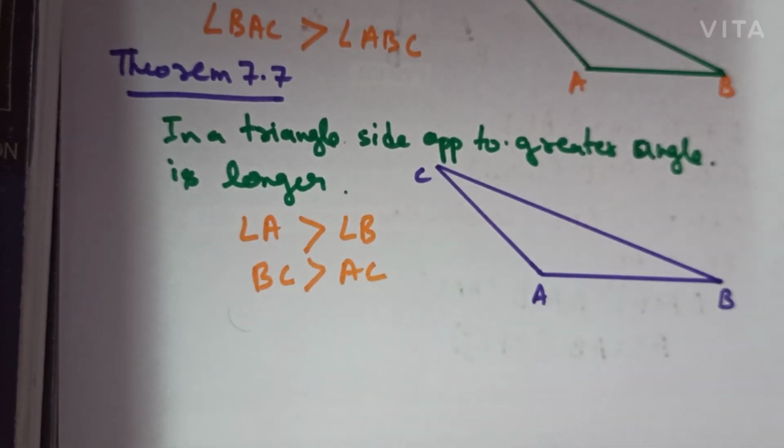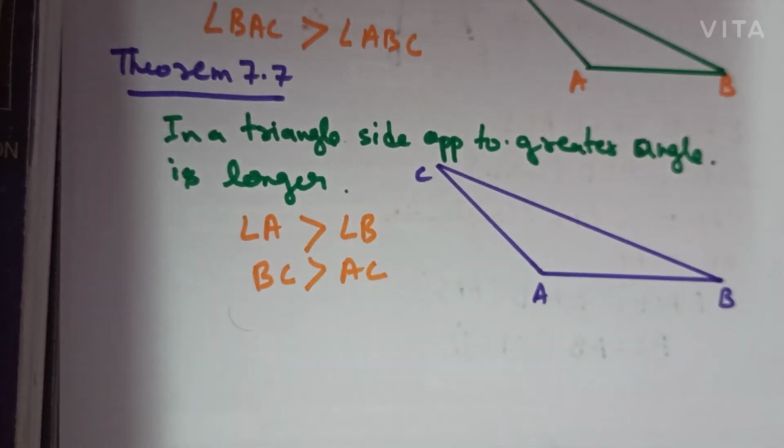These three theorems, that is 7.5, 7.6 and 7.7, basically talk about the sides of the triangles not being equal to each other. Two sides are not equal, so these theorems are combinedly called the inequalities of triangles.